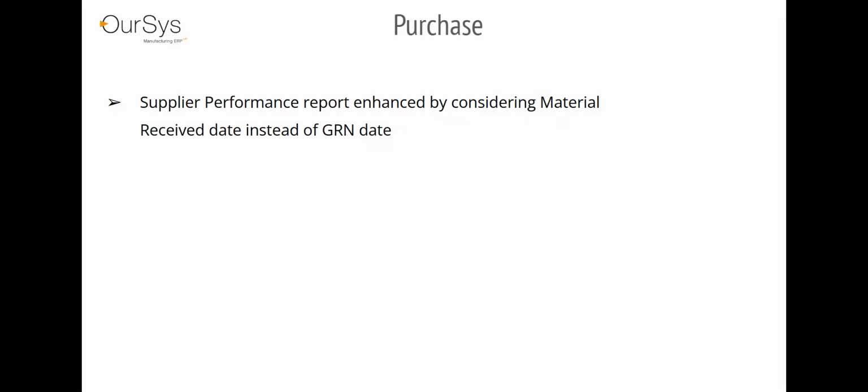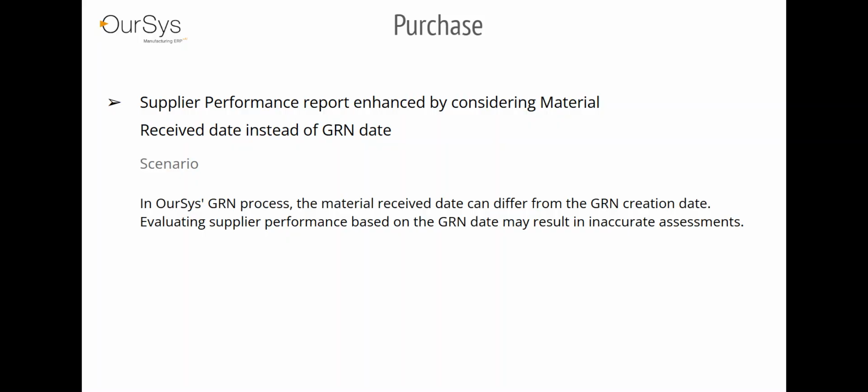Supplier performance report enhanced by considering material received date instead of GRN date. So in OurSys GRN processes, there is an option to record the actual material received date, which might be different from the date of the GRN when the GRN is created.